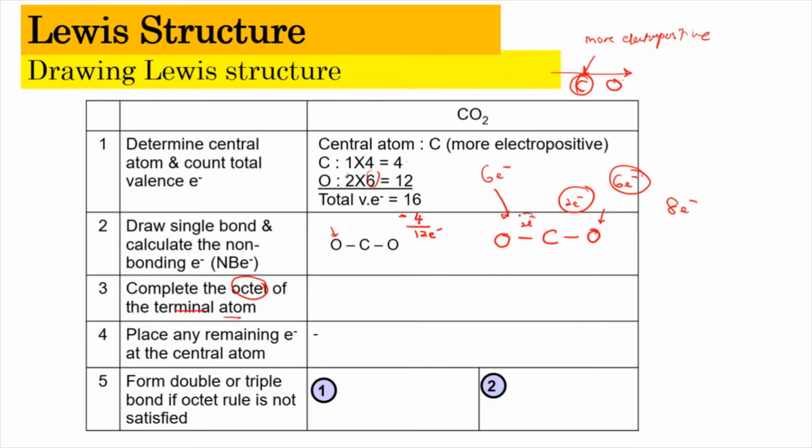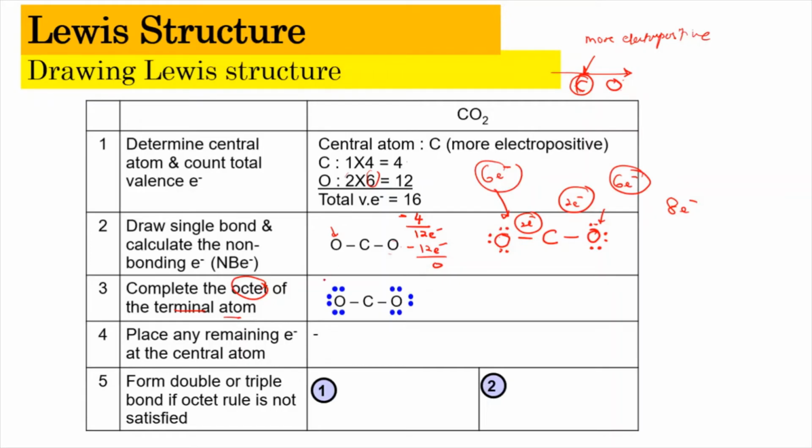Okay, so what we're going to do is that the 12 electrons here will be used to put 6 electrons on the right hand side and then on the left hand side. So 1, 2, 3, 4, 5, 6. 1, 2, 3, 4, 5, 6. So we have used up all the electrons that we have. So it's going to be something like this.